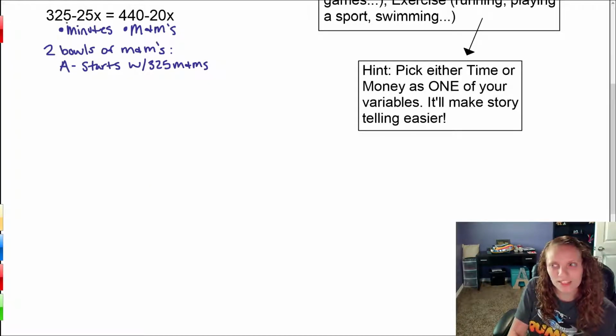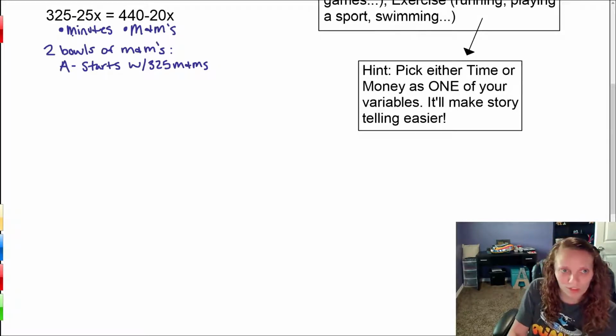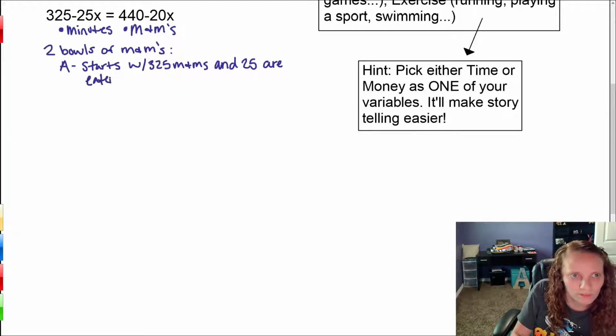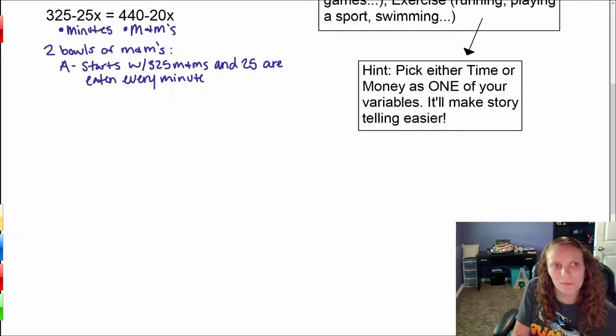Now I'm noticing that it's subtracting, so people are taking M&Ms out of this bowl. So it started with 325 M&Ms, and 25 are being eaten every minute. Okay, I put the rate to be 25 because that's what the variable.